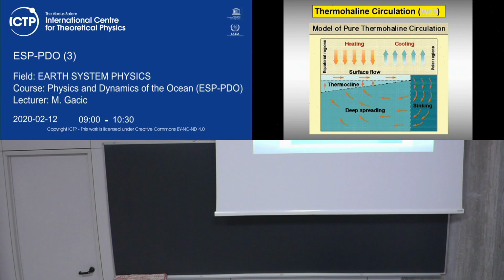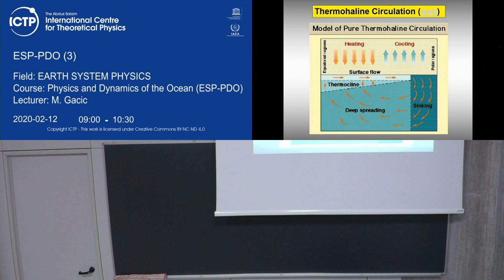We call it thermohaline circulation. So the circulation is caused by differences in temperature and salinity between different parts of the ocean, and also a difference in density, because temperature and salinity determine the density.